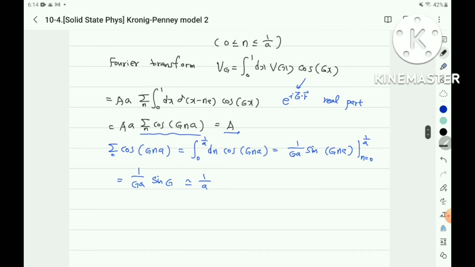Therefore the potential is A, and the central equation is (ħ²k²/2m − ε) c_k plus A times the summation over n of c_{k−2πn/a}, because here the reciprocal lattice vector corresponds to 2πn/a.